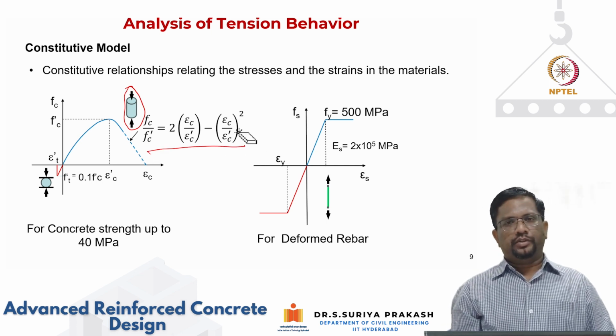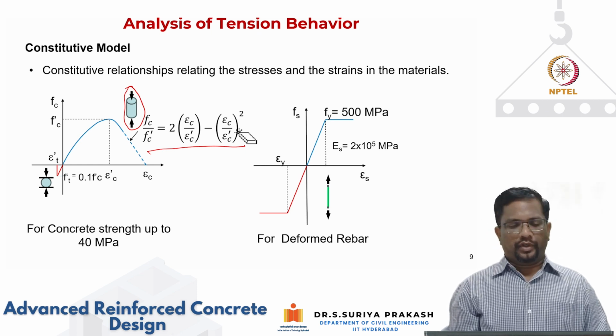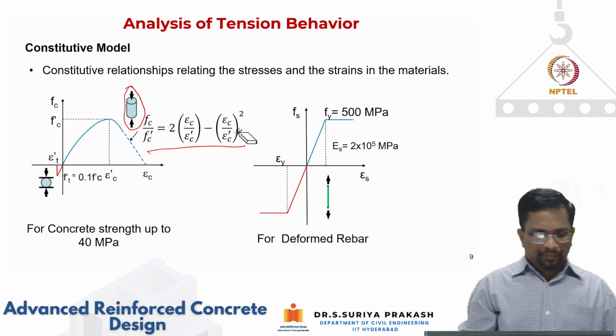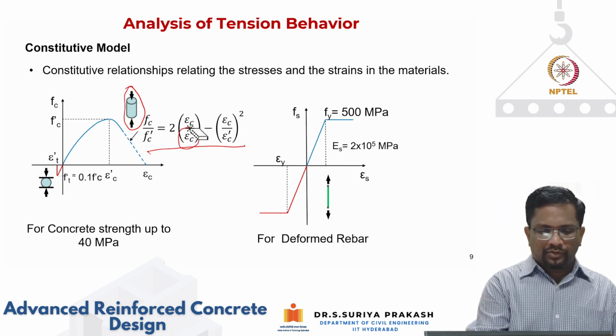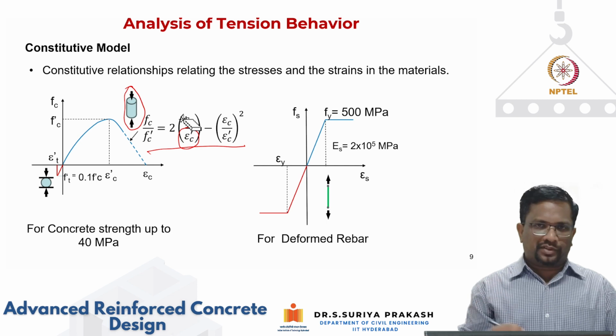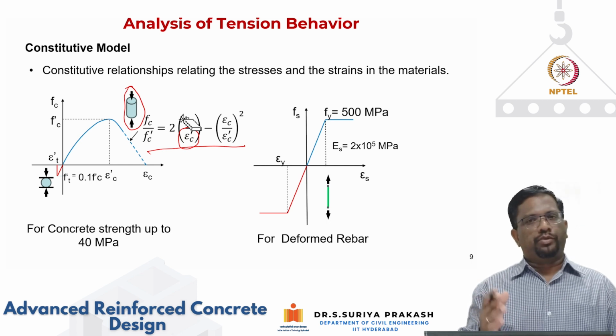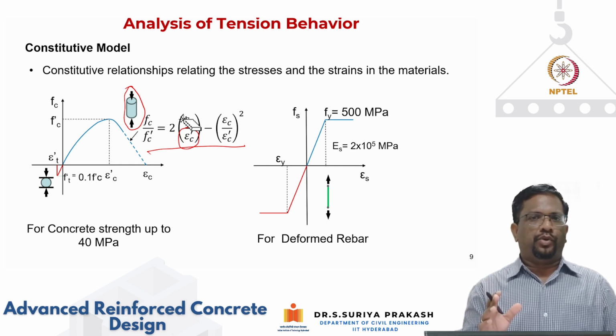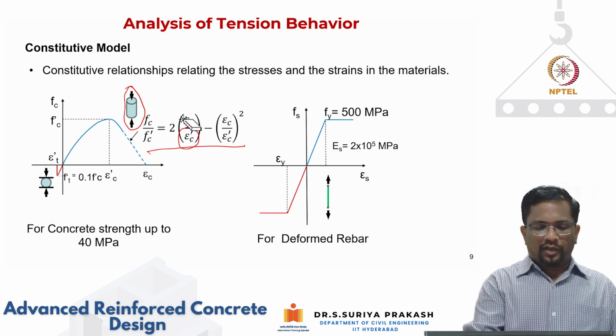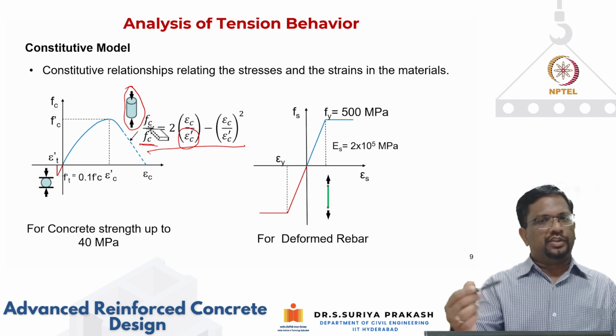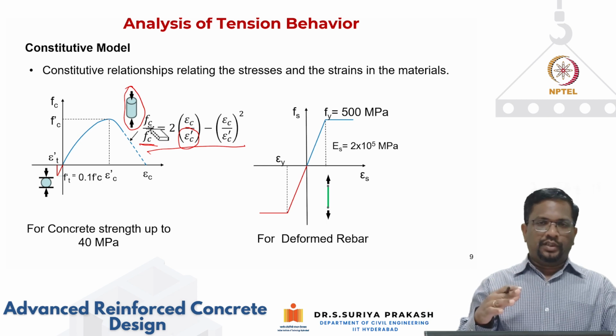This is also called the parabolic law, or Hognestad's stress-strain relationship for concrete in compression. As we have seen, epsilon prime c corresponds to the strain at peak strength. Usually up to 40 megapascal, we take that value as 0.002, and f prime c is the peak strength of your concrete when it is tested as a cylinder.